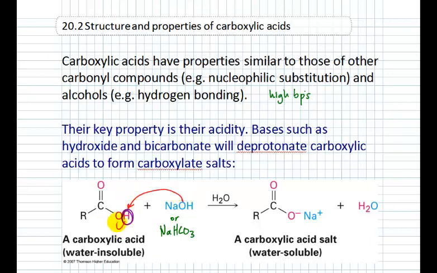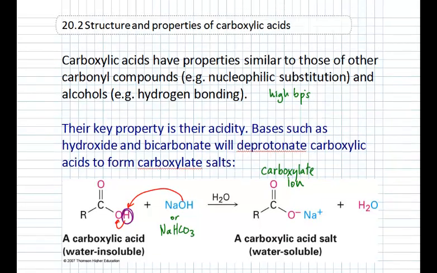Its electrons will go on to the O, giving us a carboxylic acid salt, or a carboxylate ion. So if I had acetic acid, I would now be making sodium acetate over here, for instance. We have an O- counterbalanced by Na+.